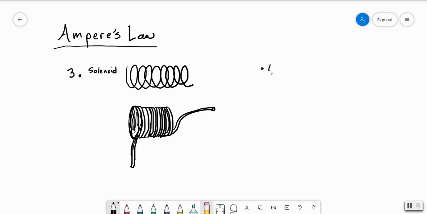It's also called an electromagnet. It's also called an inductor or self-inductor. Or you can simply refer to it as a coil. And then of course solenoid. These have different connotations to them for the different uses of the solenoid.